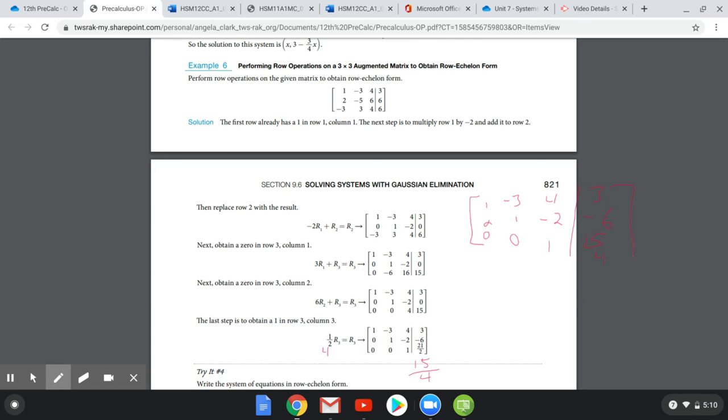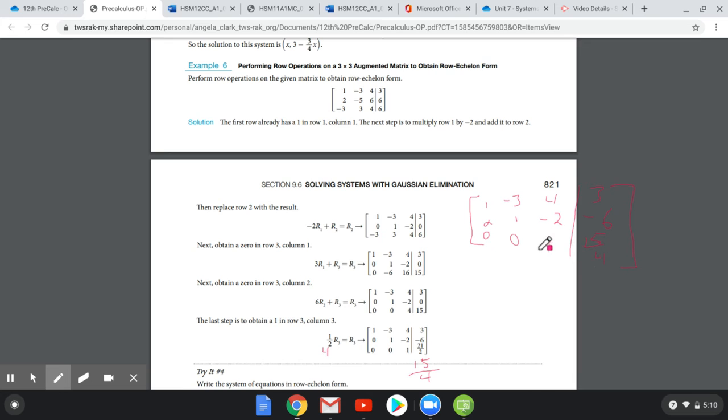All right. So now I want to get, so this is our echelon form. I want to get reduced echelon form. So I want to get all of these to be zeros as well. That's going to be my goal.